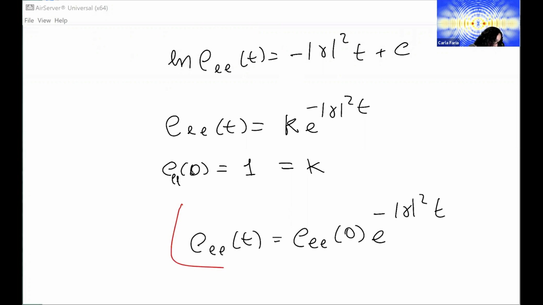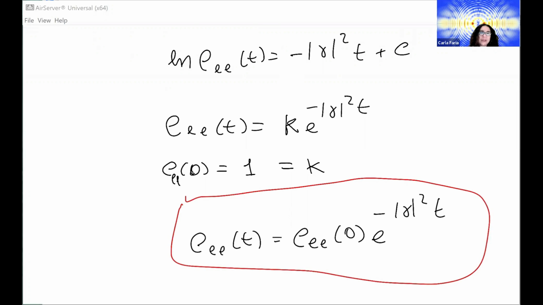And this is very nice because this is showing you that this population is decaying, as you expect, with this rate, modulus squared of gamma.